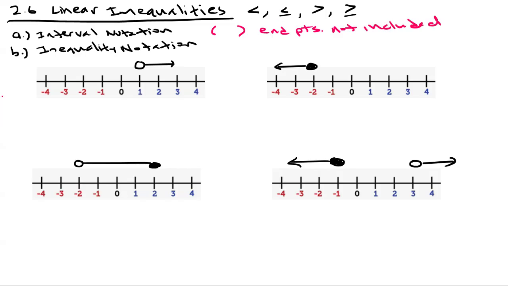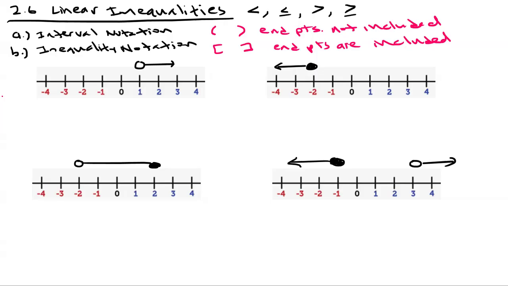If you have brackets, that means the endpoints are included. So parentheses means the endpoints are not included, and brackets mean the endpoints are included.